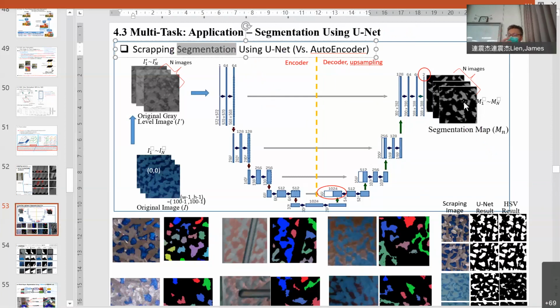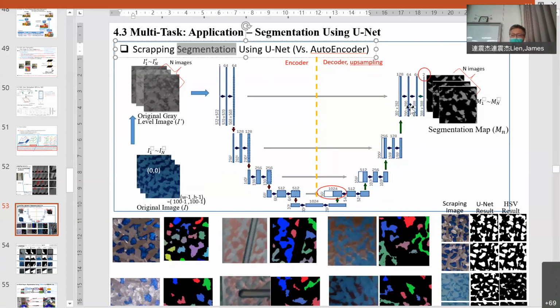The output for UNet is for each pixel, you classify it as either foreground, that's 1, or background, 0. So there are 2 classes.